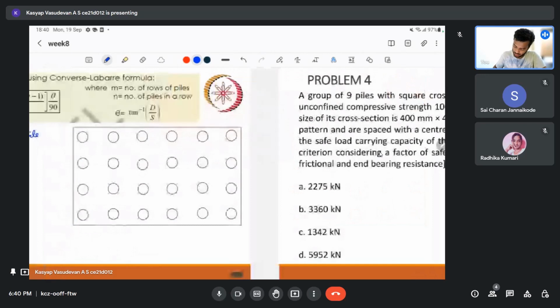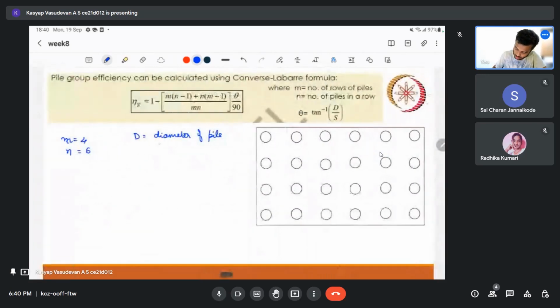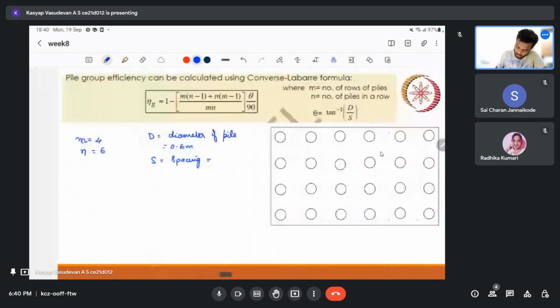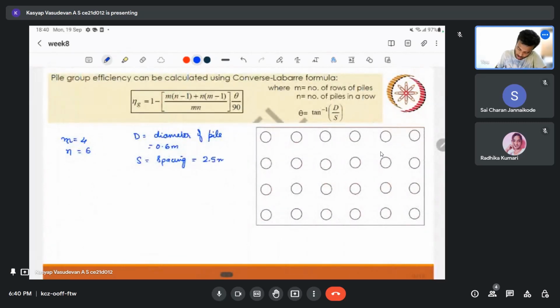That is nothing but 0.6, so 0.6 meter, and s is spacing, that is 2.5 meter. So this is the center to center spacing, and this is our diameter.